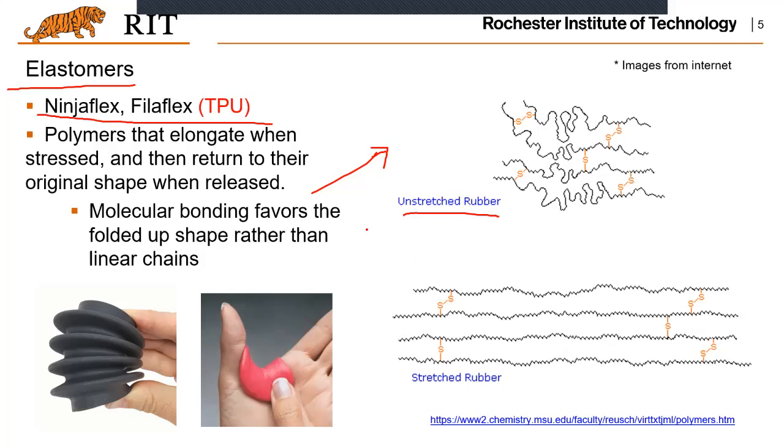But if there's a force applied, basically you are stretching the material, and these chains are stretched as well. So that's why it has flexibility for the printed parts.